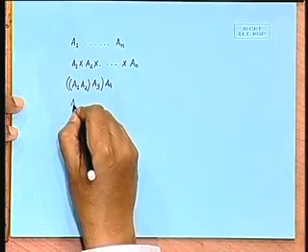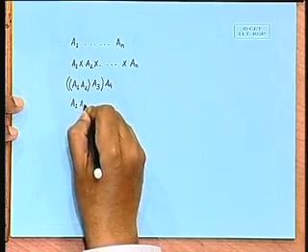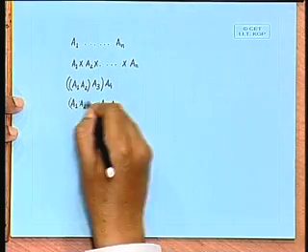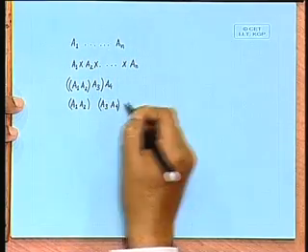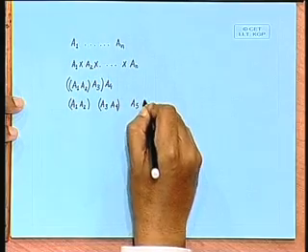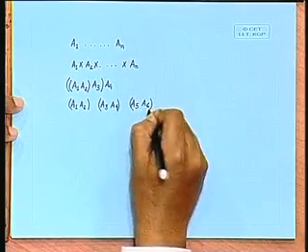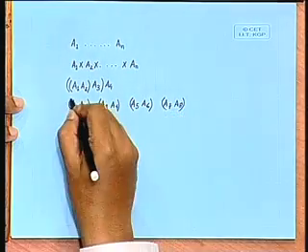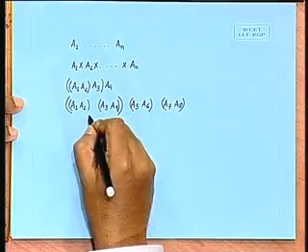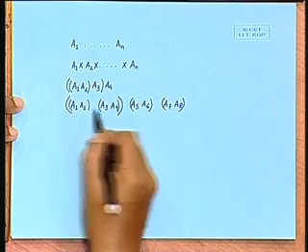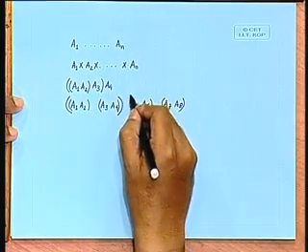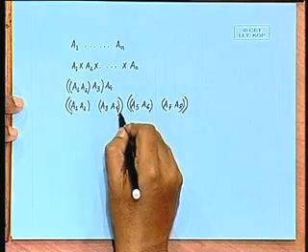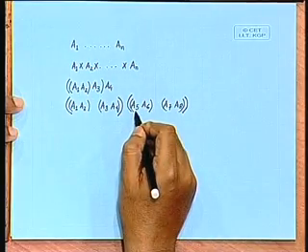Another way could be that we first multiply A1 A2, then we multiply A3 A4, then we multiply A5 A6, then A7 A8 in this way, and then we multiply the product of A1 A2 with the product of A3 A4, and the product of these two, and finally in the final step we multiply the product of these.